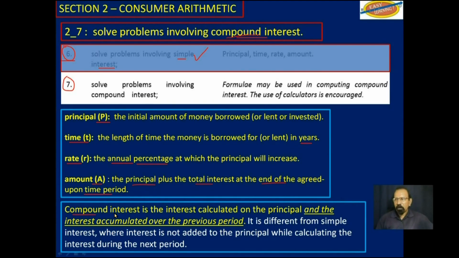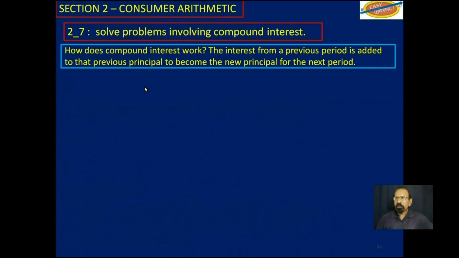So compound interest is the interest calculated on the principal and the interest accumulated over the previous period. It is different from simple interest. In simple interest, we were calculating the interest only on the principal. So how does compound interest work?